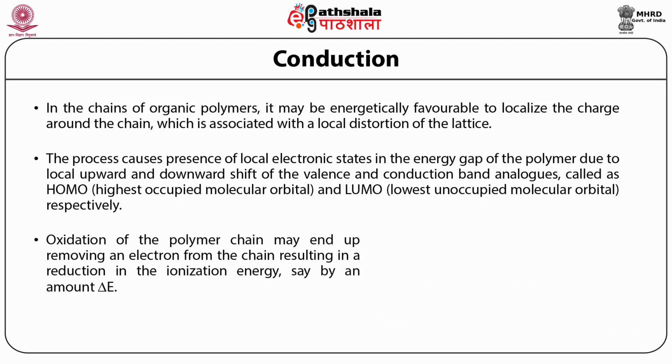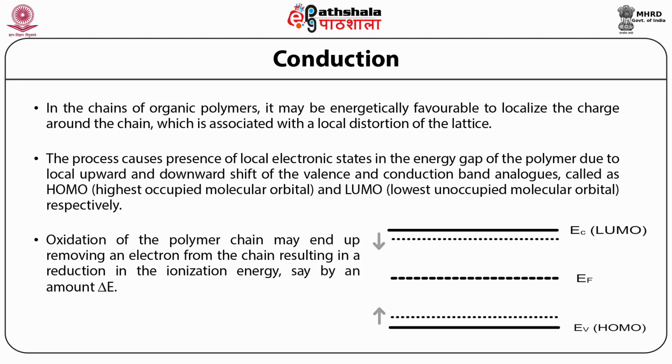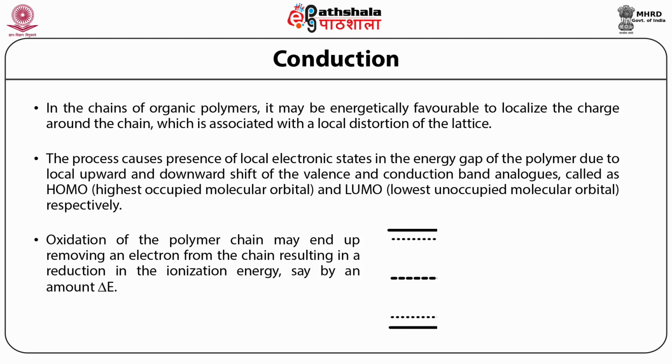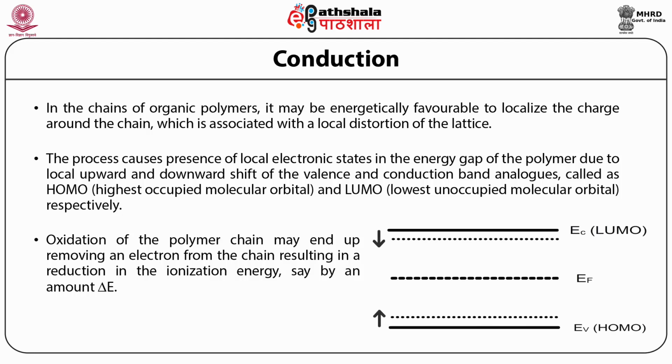Oxidation of the polymer chain may end up removing an electron from the chain, resulting in a reduction in the ionization energy, say by an amount delta E. If this energy is larger than the energy that is required for local distortion of the lattice, that is E distortion, then the formation of a localized charge is a favorable process in comparison to band processes.